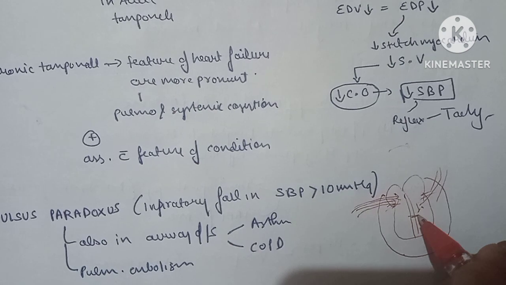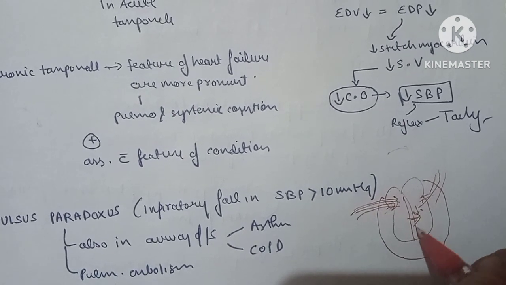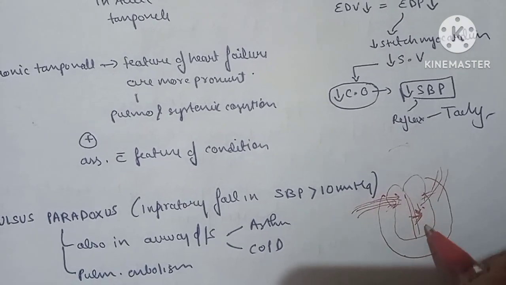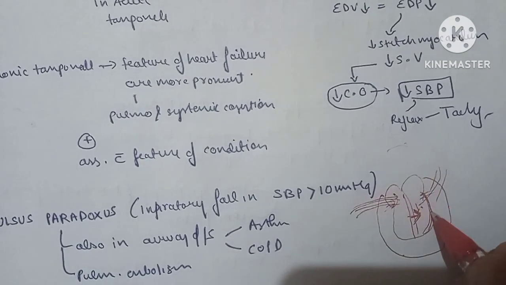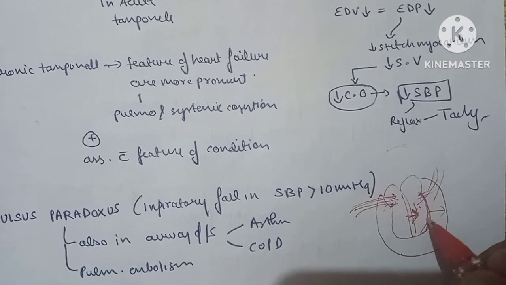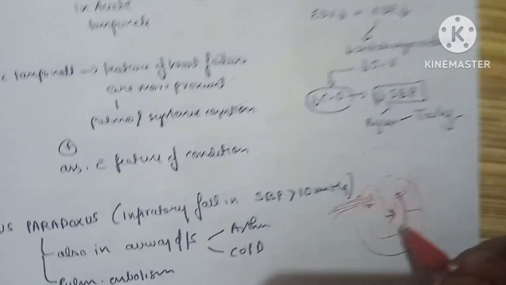This leads to deflection of the septal wall. This deflection in the septal wall does not lead to any changes because the free wall of the left ventricle can distend. This is a normal thing and there will be little change in the outputs.